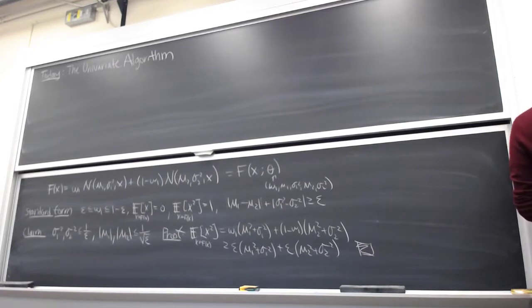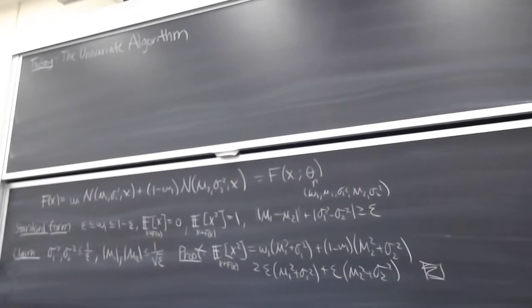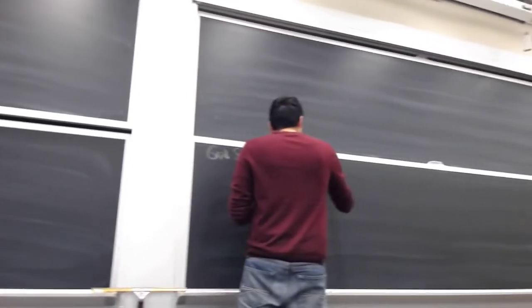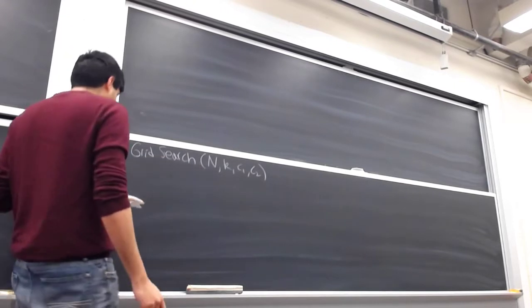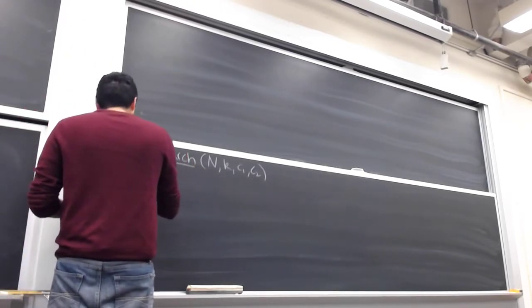So let me define what I mean by grid search, and let me define it as general as we'll need it. It'll be parameterized by some values, n, k, c1, and c2, that define how exactly we perform the grid search. One of these parameters is just how many samples we take.